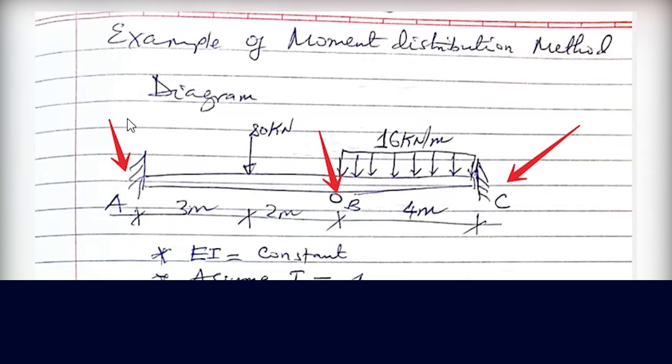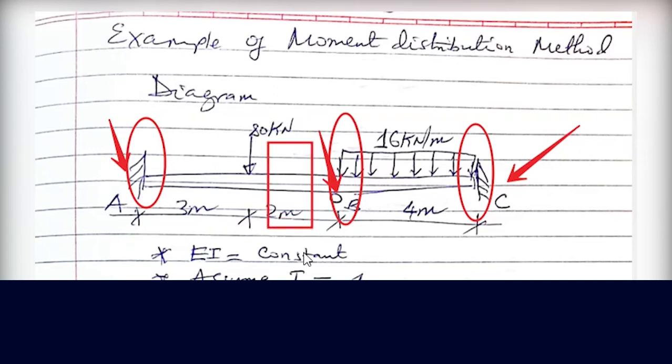Now the moment should be distributed between the support and the member. Joint B is a function of the length between AB and the length between BC. Joint C is a single joint.